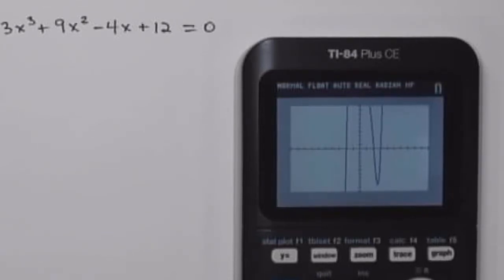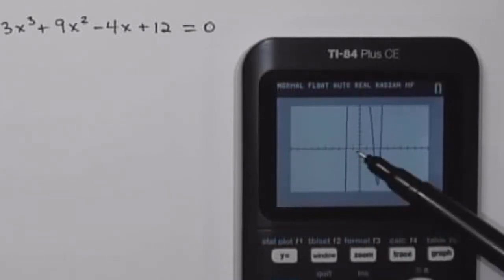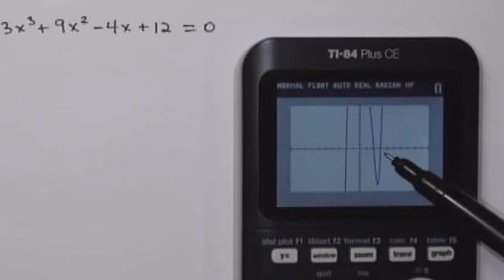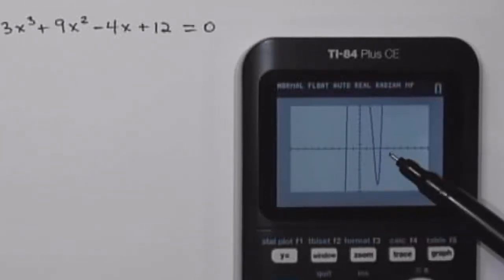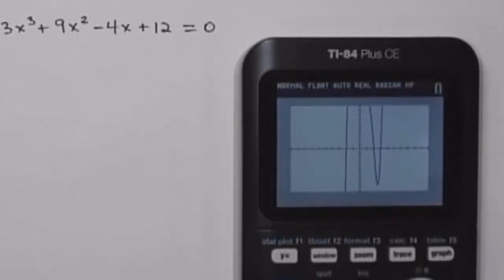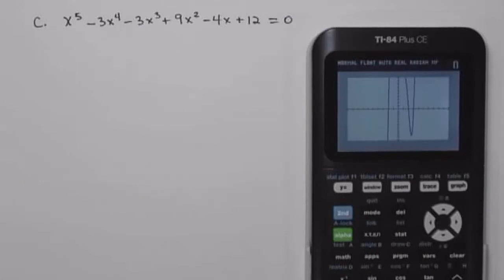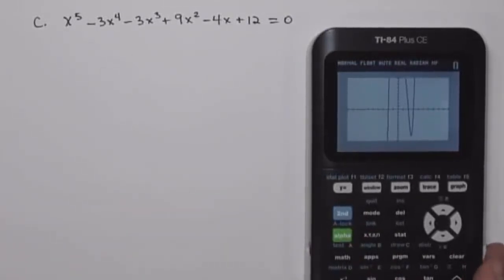Now this is not the best graph, but it does do what I need. I can see from the graph it looks like we are crossing at negative 2, at positive 2, and at positive 3. So it looks like the x-intercepts are negative 2, positive 2, and positive 3. So those would be the three values that I want to check to make sure if they're zeros of the function or not, or solutions to our equation.